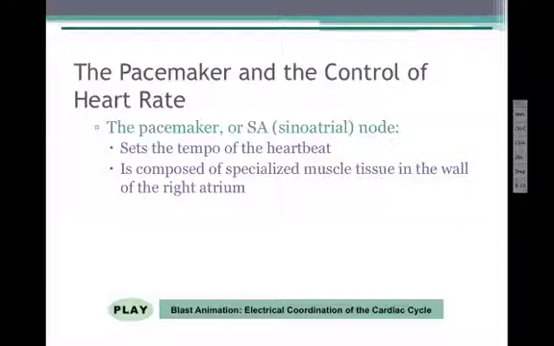So the pacemaker of the heart, also called the SA or sinoatrial node, is located in the right atrium, and I have a slide coming up that's going to show it, and this animation also will show it. It sets the pace of the heart. The SA node is the main controller of the beating of the heart.